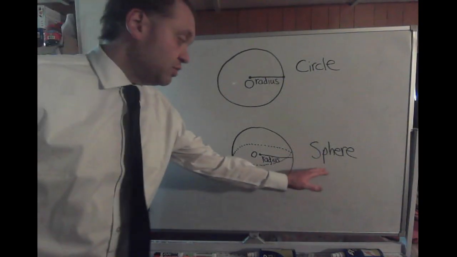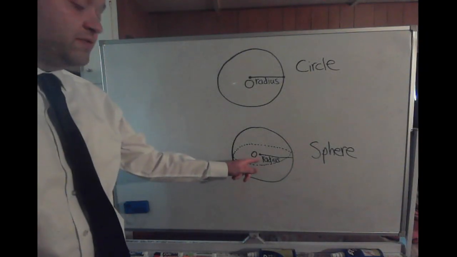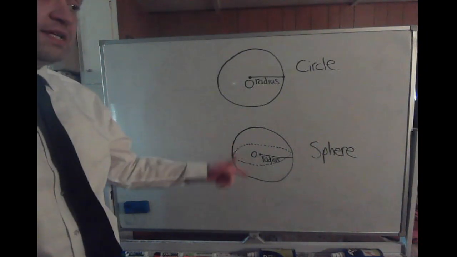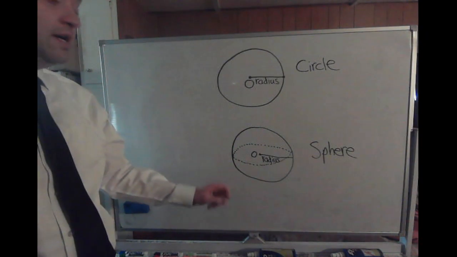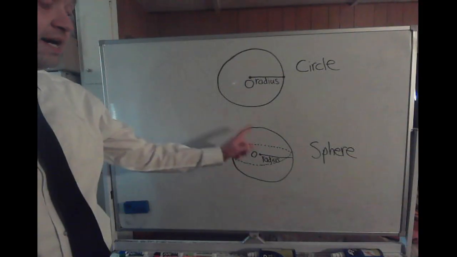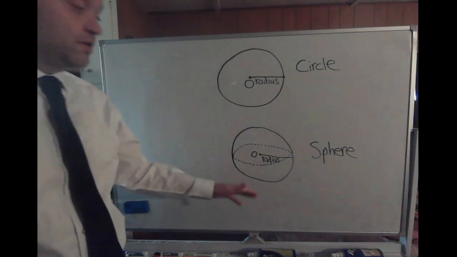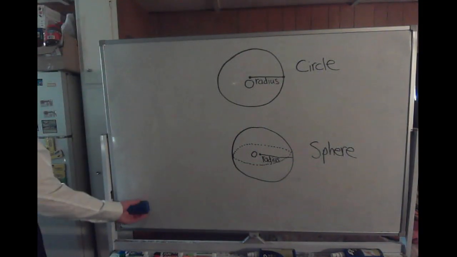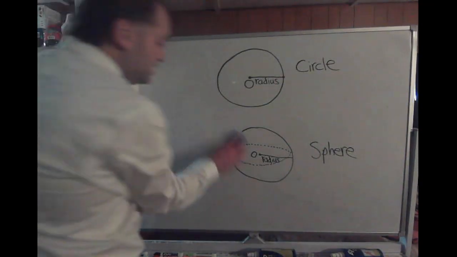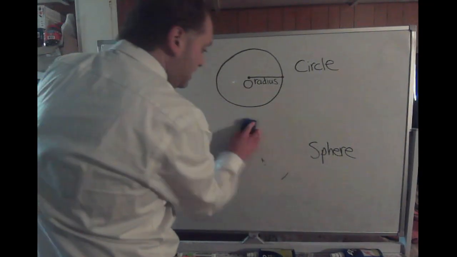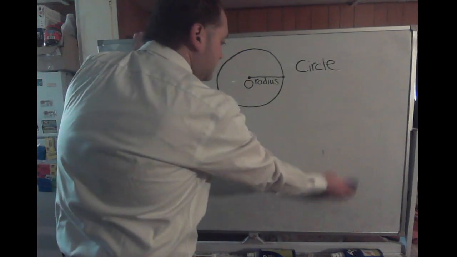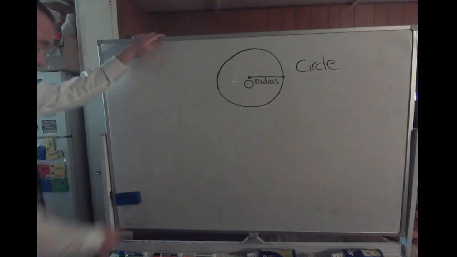It meets all those qualifications of a circle, only it's in 3D. There's an infinite number of radii you could draw in a sphere that would meet those qualifications also. But we're not going to talk that much about spheres today. We're only really going to talk about circles.